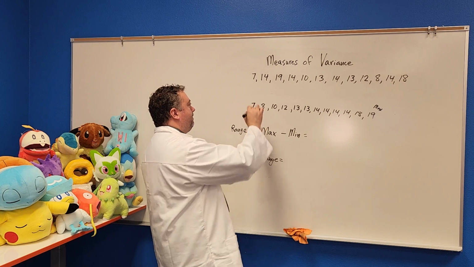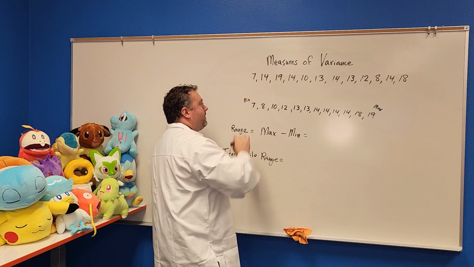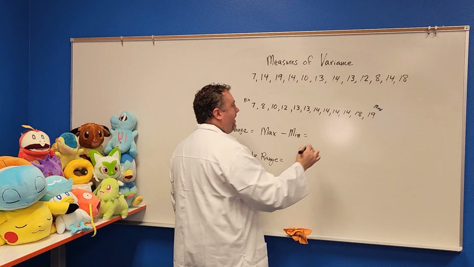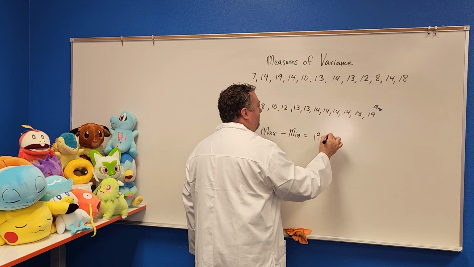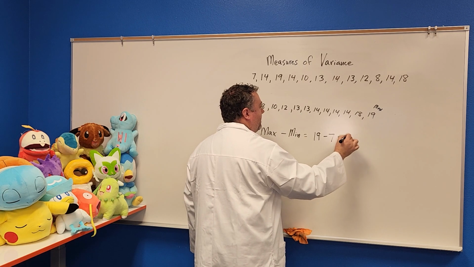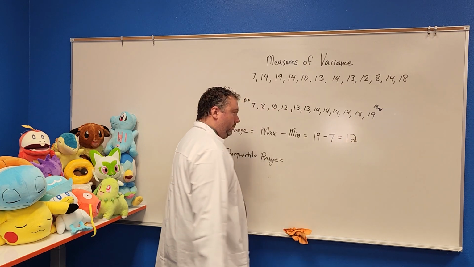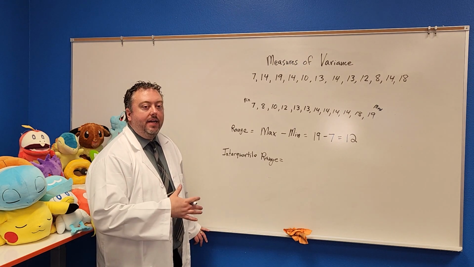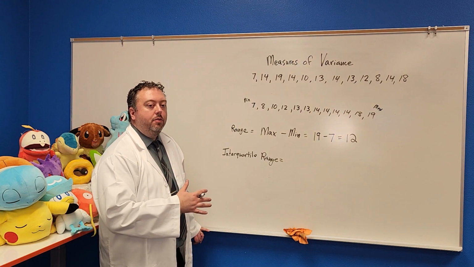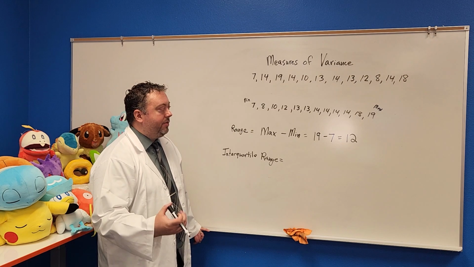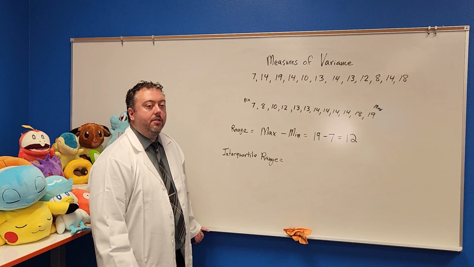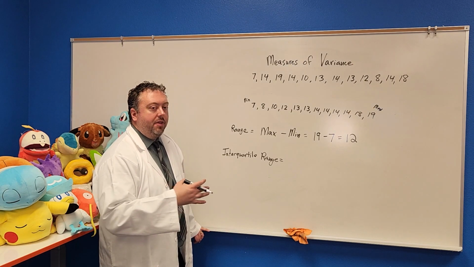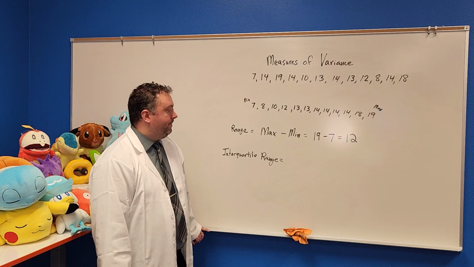The minimum is the smallest value. In this case, our maximum is 19. Our minimum is 7. So 19 minus 7 is a range of 12, which says that our data ranges through 12 units, whatever those units may be. In this case, there's no context, so we don't know. We just know that our data, all of it, is within 12 units of each other.